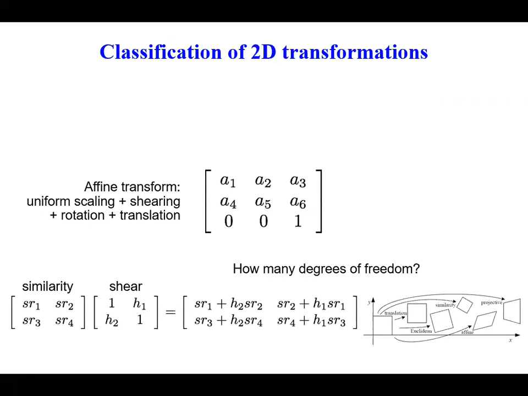How about the affine transformation? The affine transformation is scaling, shearing, rotation, translation. Shearing, by the way, I can also call skewing. So by doing this, how many degrees of freedom do I have in this case?